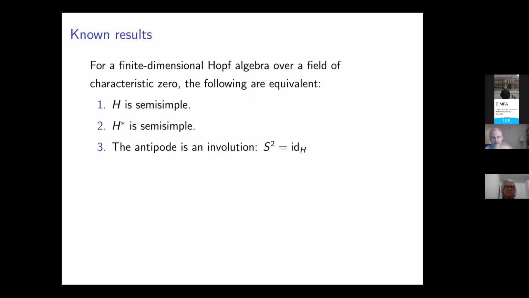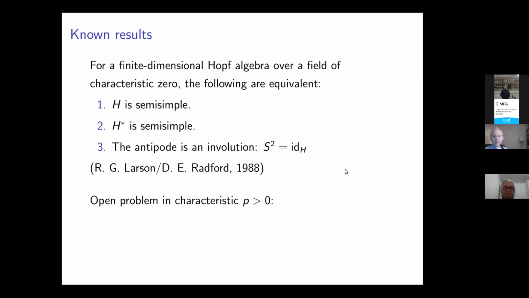This is quite remarkable, because we introduced the antipode as a kind of generalized inverse, so you could expect that in principle the antipode is always an involution, that its square is always the identity, but this does not happen. In fact, in the sense I've explained, this characterizes the semi-simple case. This result is due to Larson and Radford in '88.